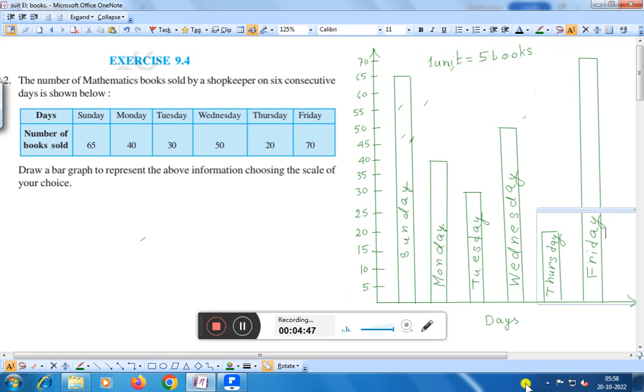We are to draw a bar graph to represent the above information, choosing the scale of your choice. That is, 1 unit we have taken is equal to 5 books.